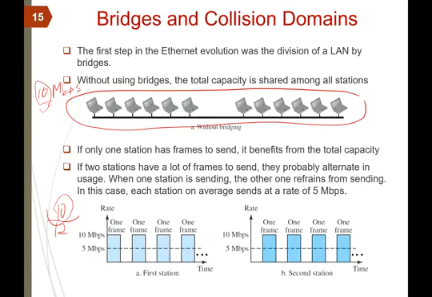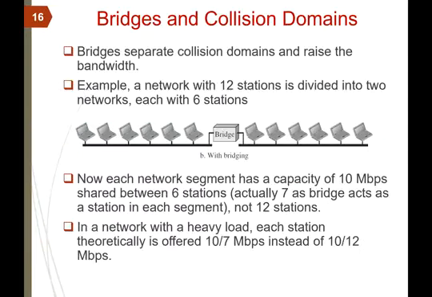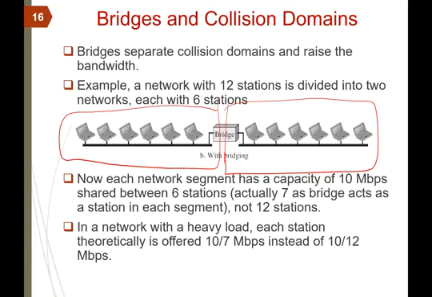To increase the performance of the network and make the actual data rate higher, we normally use bridges. The bridge will divide the collision domain. Before we had one collision domain, now we have two. So in this setting, in each collision domain, how many devices? 1, 2, 3, 4, 5, 6. 6 devices, and the bridge port also is considered another device.